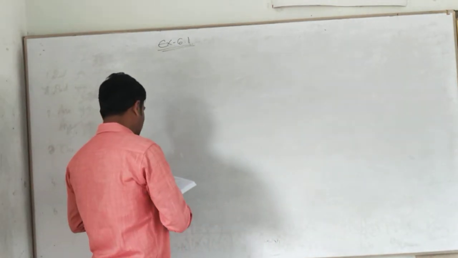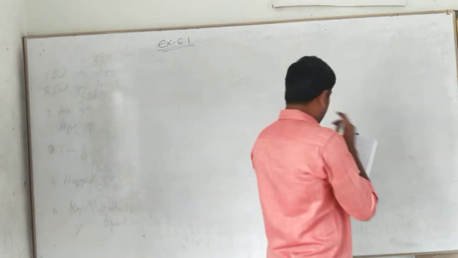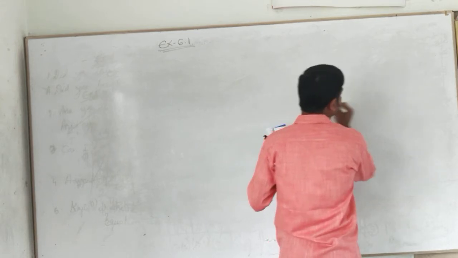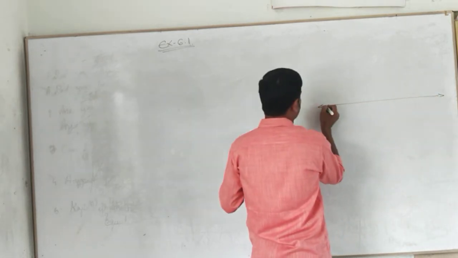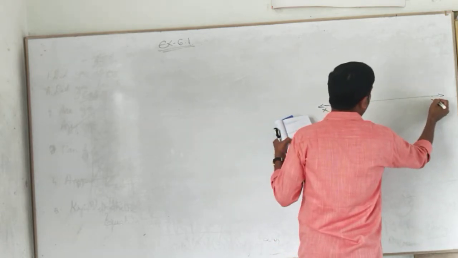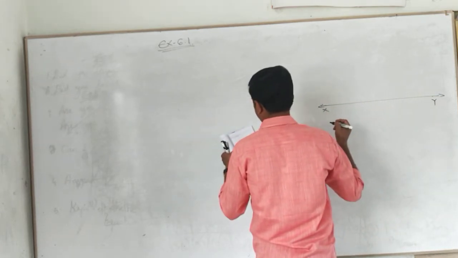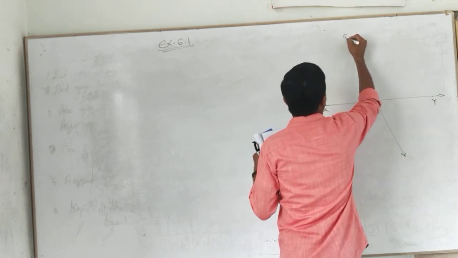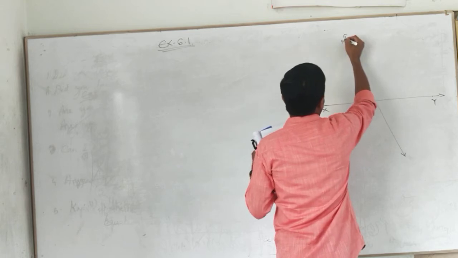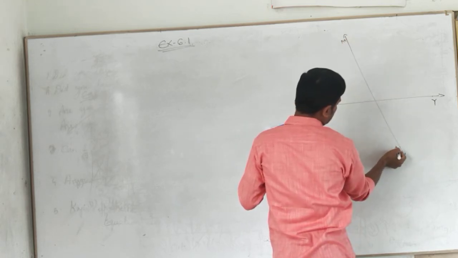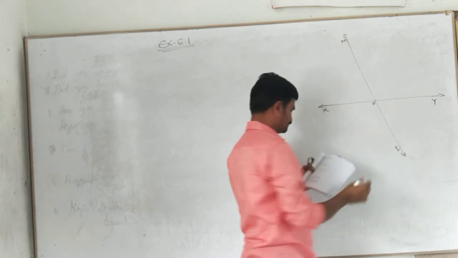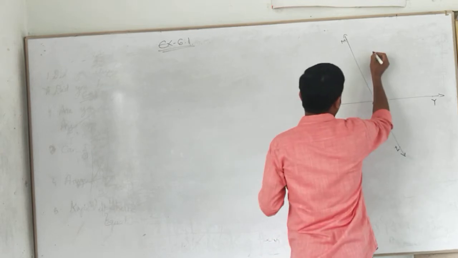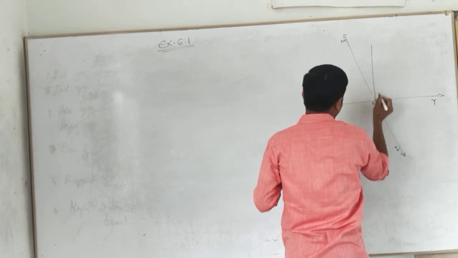And now the second one. Lines XY and MN intersect at O. Same. This is the line XY and MN, and they intersect at O. Another thing is also given: some ray which is perpendicular.